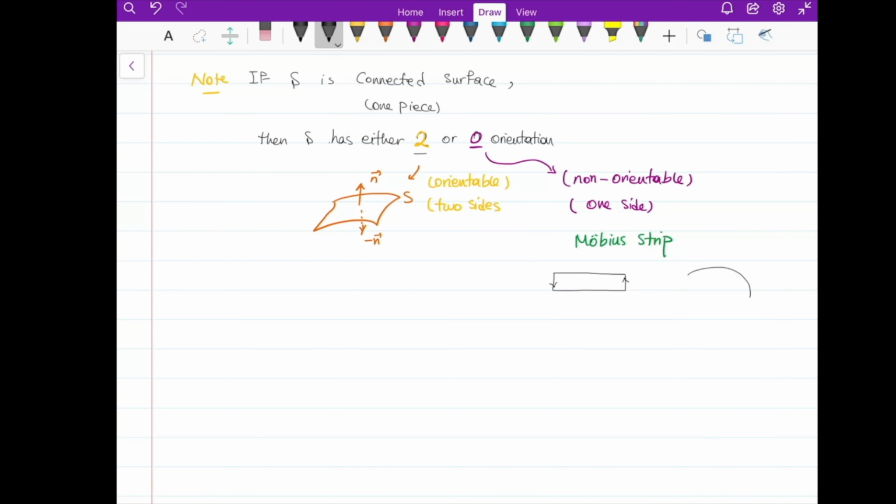In that case, you get a Mobius strip like that, and you're going to see that we have just one side. So it doesn't have 2 orientations, basically 2 sides. It's called a non-orientable surface. Let me show it to you.